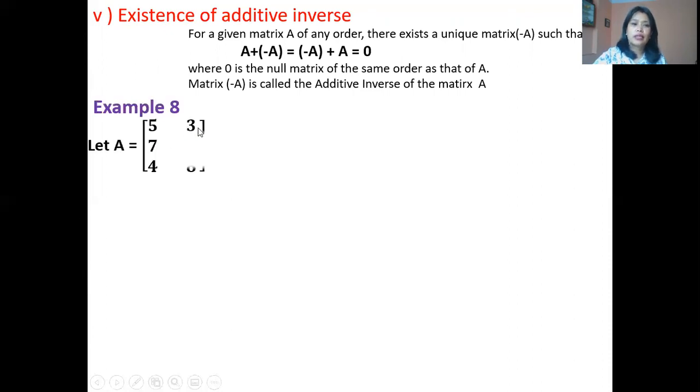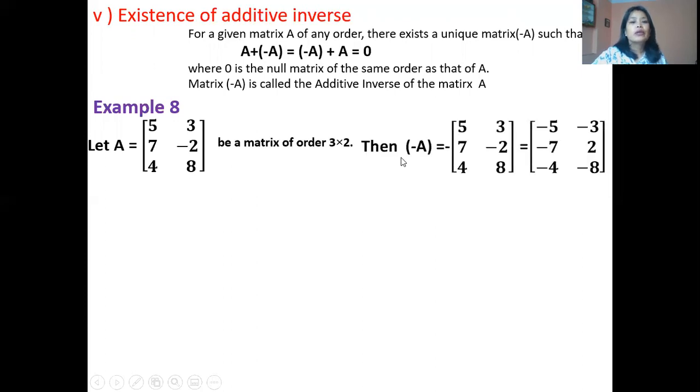Example 8. A matrix is taken with 3 rows and 2 columns. Matrix A is here with 3 rows and 2 columns. And here we have found minus A also.